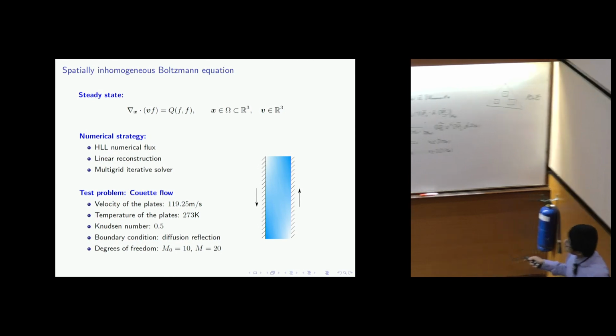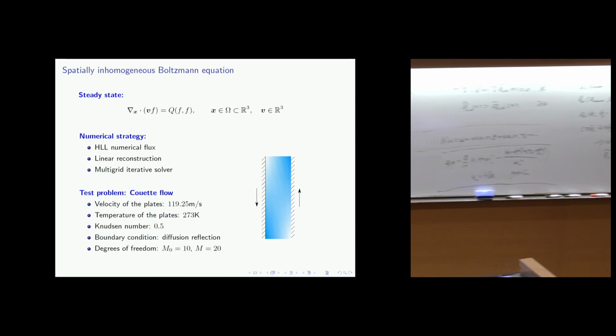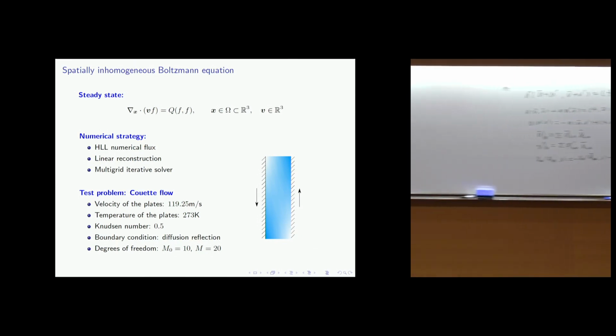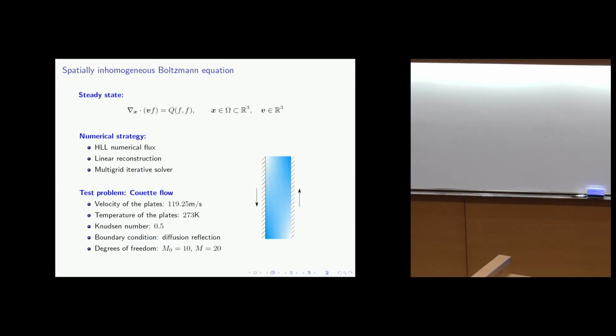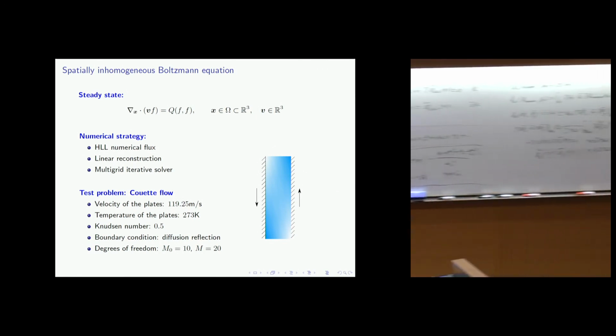And here these are parameters, but the only thing I want to say is this Knudsen number is 0.5. It means that this gas is very rarefied. If I have a molecule here and it flies perpendicularly to the other plate, then this molecule will collide with other molecules only twice. So you can imagine that this is a very rarefied gas.